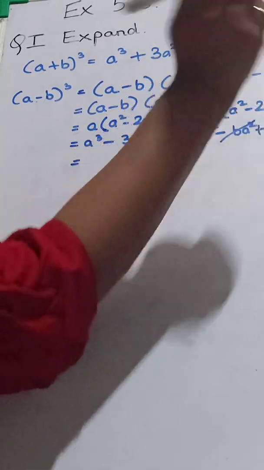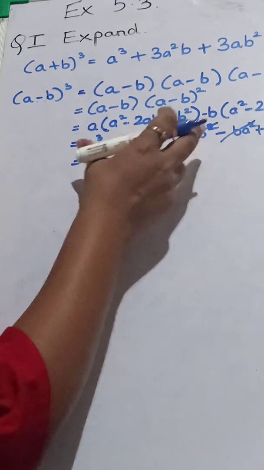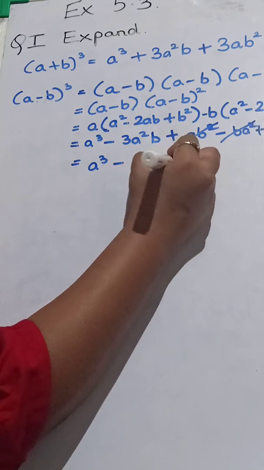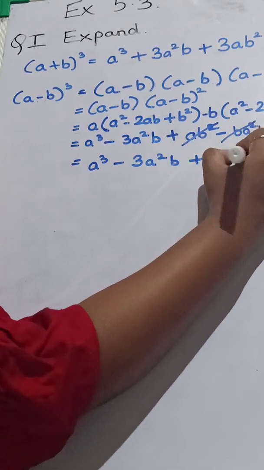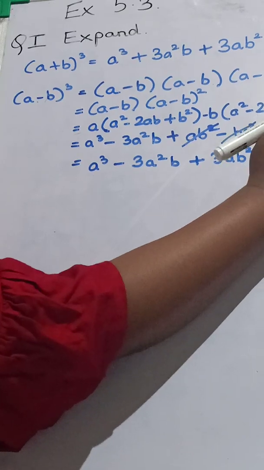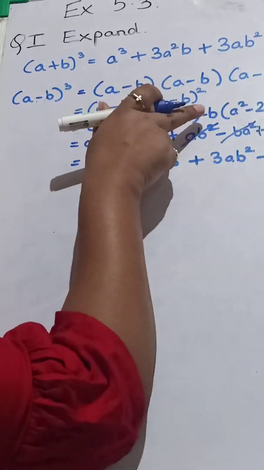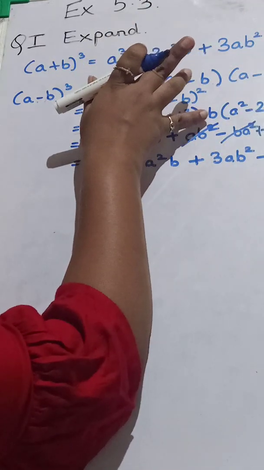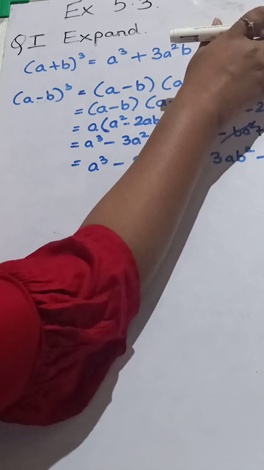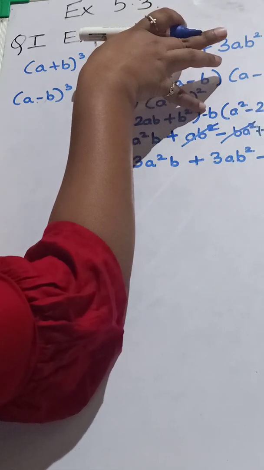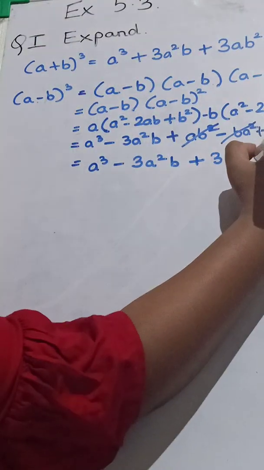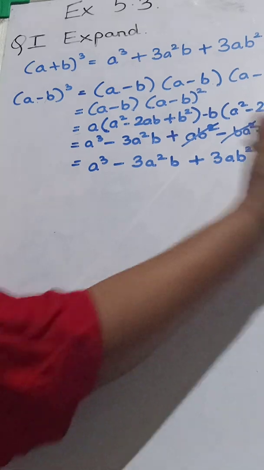And b into b square will give us b cube. So we are just going to write what remains: a cube minus 3a square b plus 3ab square minus, now look here, this is minus and this is plus b square. When I am multiplying b into b square, I have to see the sign here. Here we have the sign as minus, here we have the sign as plus. So minus plus gives us minus. So it will be minus b cube.